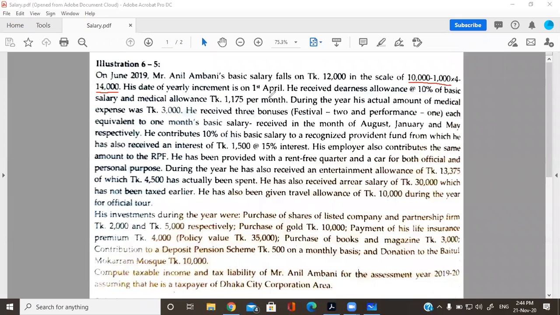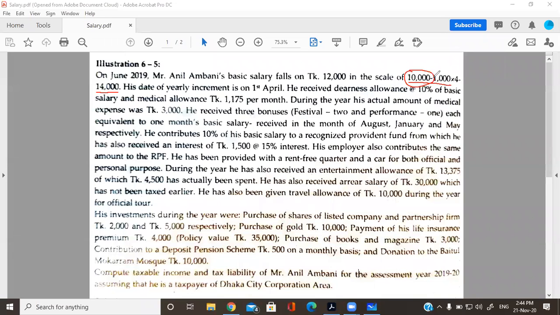So you need to understand the employment contract very well. So what does it mean? It means that when Mr. Anil Ambani joins this particular office, his starting basic salary will be 10,000.